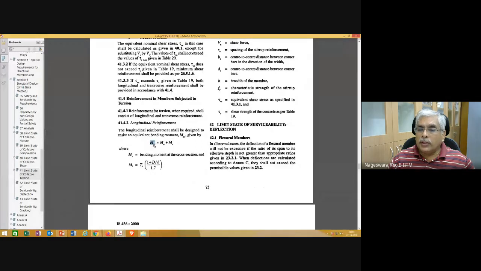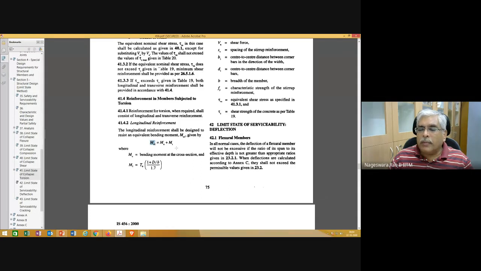And using this equivalent bending moment, you calculate the area of steel required as you already did for reinforced concrete sections reinforced on the tension side. Okay. So this gives you the total amount of reinforcement that you need to provide.